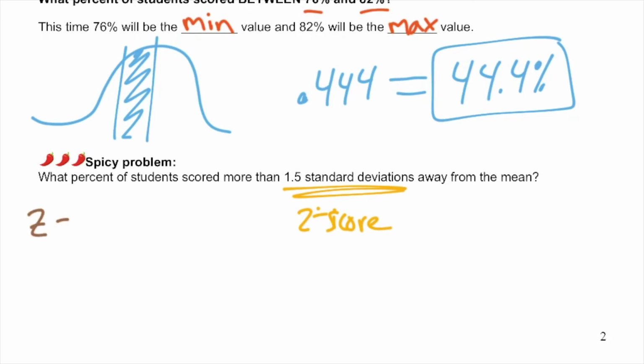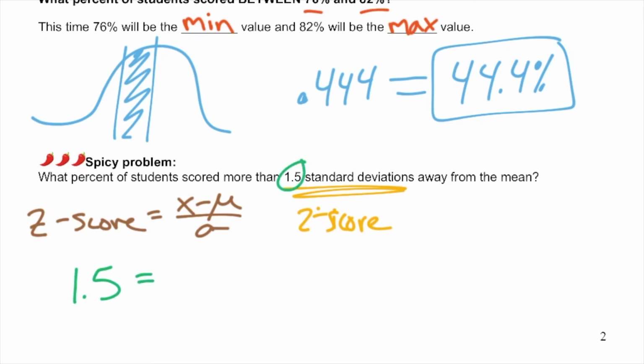So last class we talked about z-scores, and the z-score formula was x minus mu over standard deviation. So if we know the z-score is 1.5, because that's what this represents, we're trying to figure out this x value, the test value. So I'm going to plug in my mean and my standard deviation into this formula, and we're going to solve for the test value here.